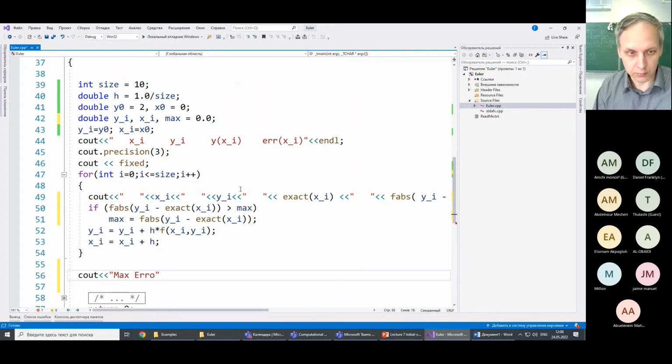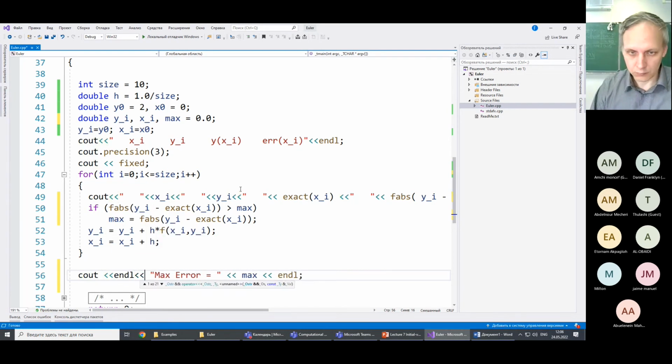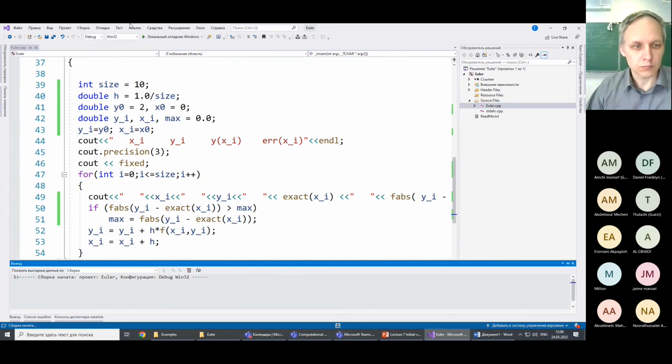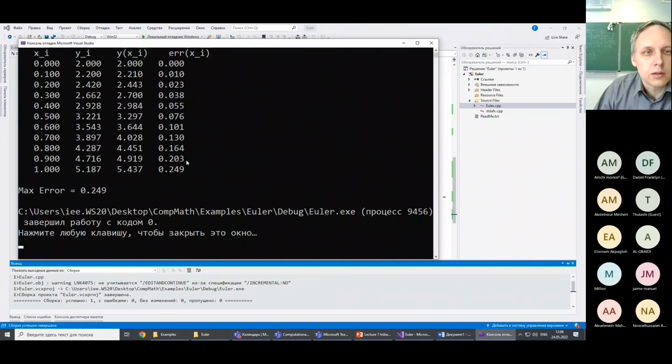Error equals max. Well, here the largest error is 0.249.